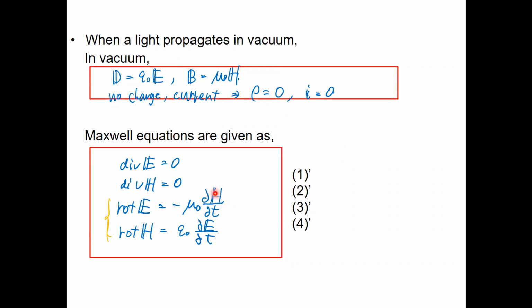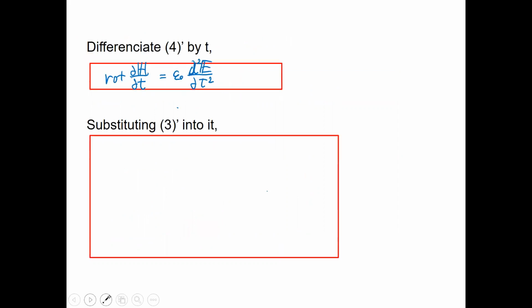The time derivative of H can be substituted in, so rotational of minus rotational E over mu 0 equals epsilon 0 d2E/dt2.